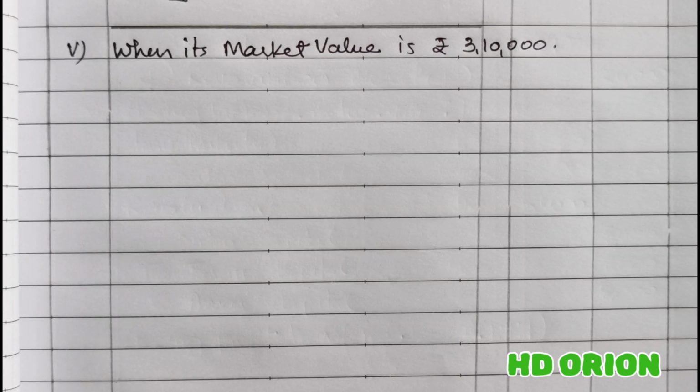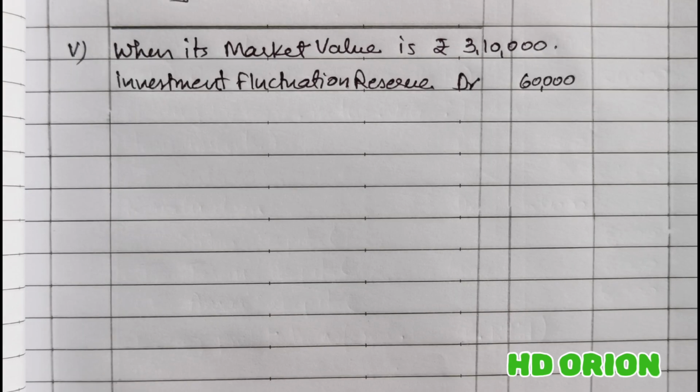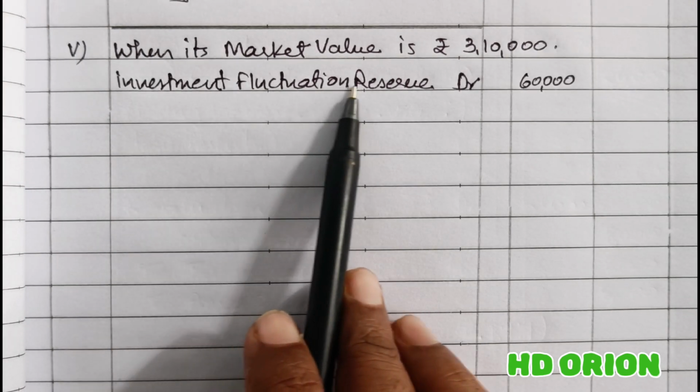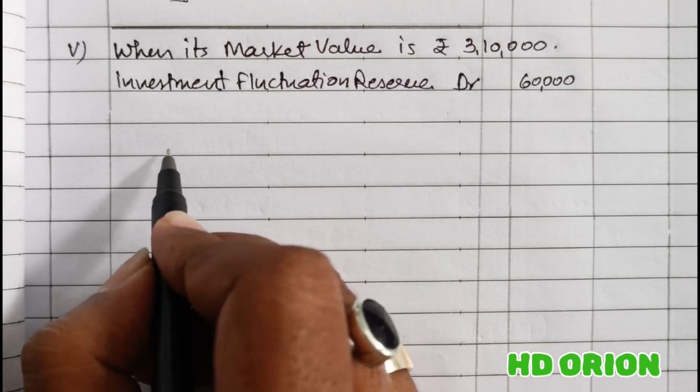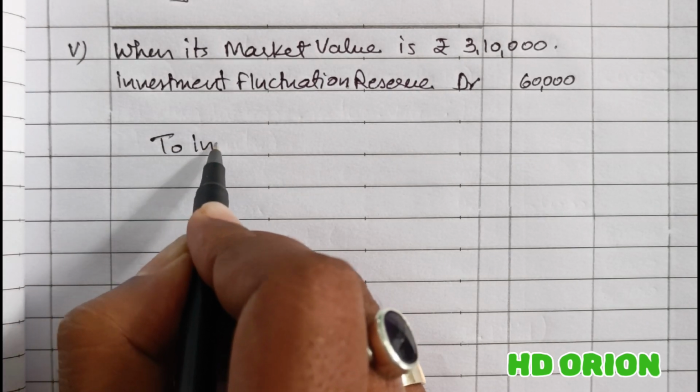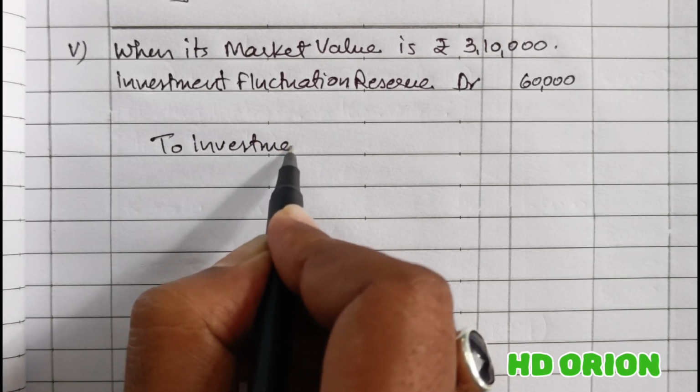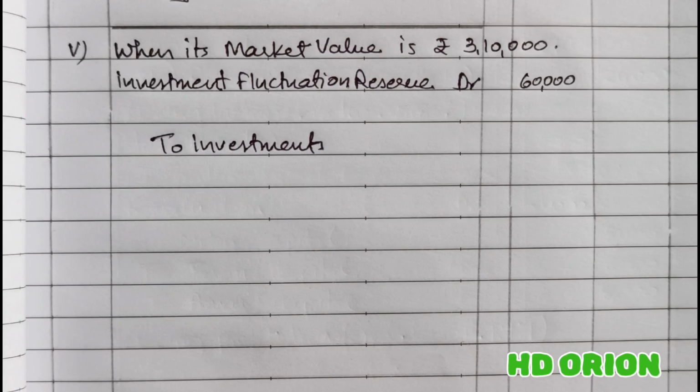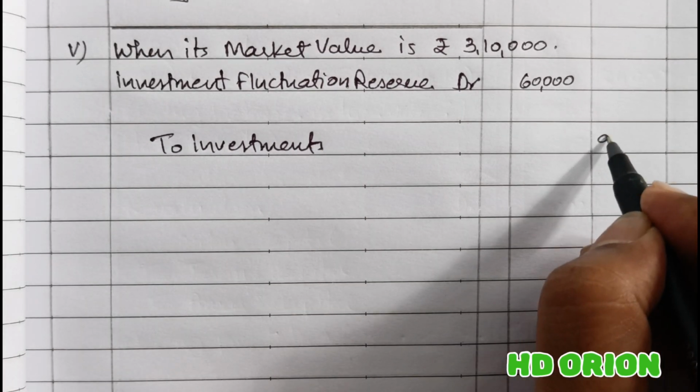Now, fifth case, when its market value is rupees 3,10,000, which is 90,000 rupees less than the book value. And this 90,000 rupees is even more than the investment fluctuation reserve. So investment fluctuation reserve will be debited and closed, and value of investment has decreased by rupees 90,000.